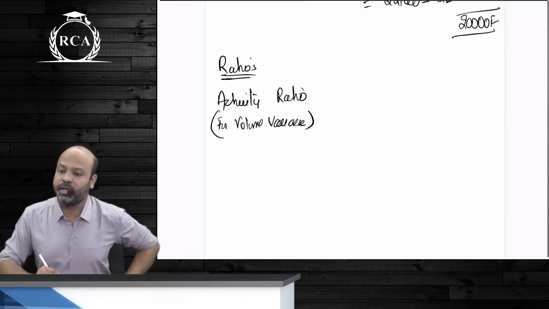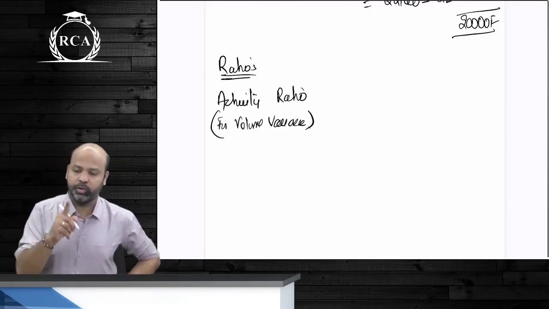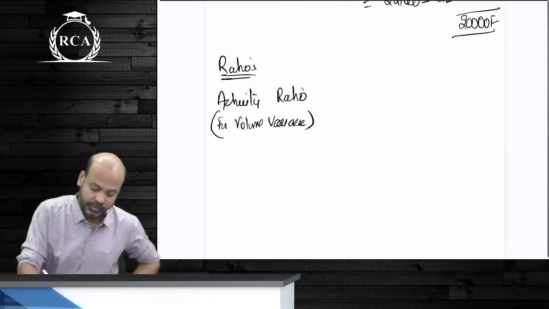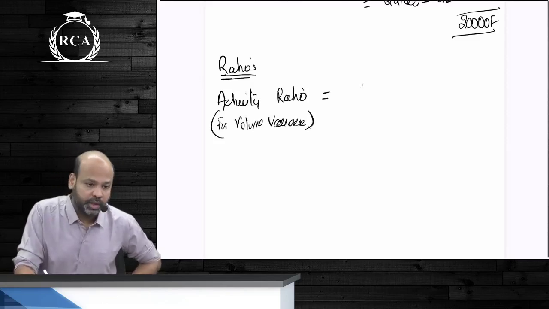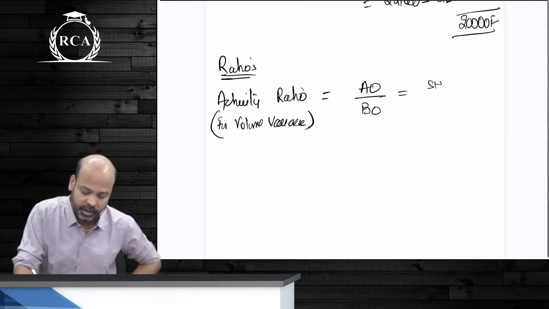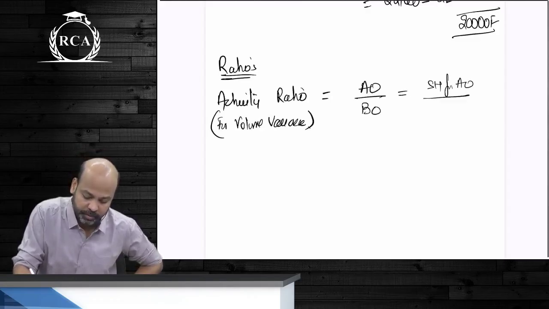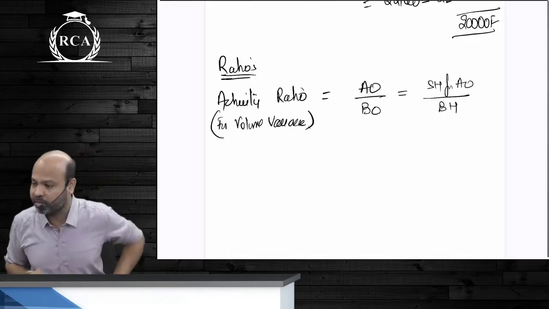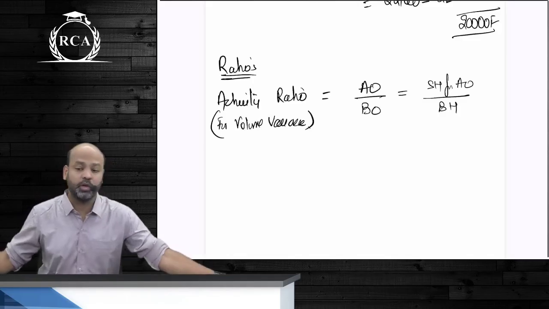Absorbed overheads minus budgeted overheads. Absorbed overheads is based on actual output. Budgeted overheads is based on budgeted output. Yes or no? So to compute activity ratio, you write actual output divided by budgeted output, or you can also write standard hours for actual output divided by budgeted hours. How much output have you manufactured in relation to budgeted output?